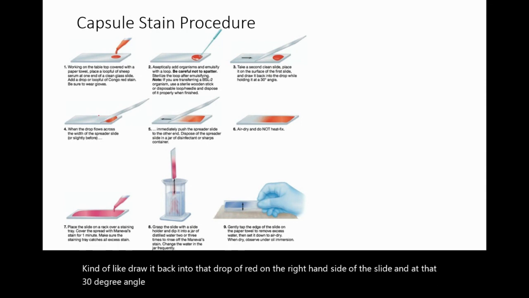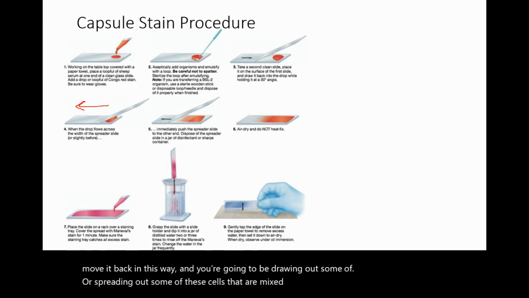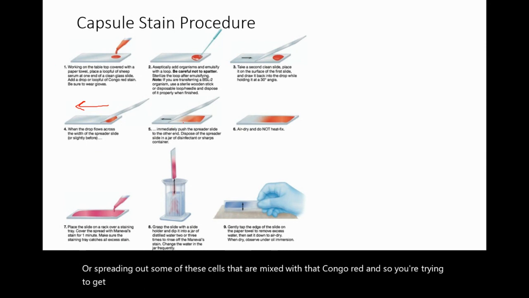You're going to move it back this way, spreading out some of these cells that are mixed with that Congo red. And so you're trying to get a nice gradient, so that you can view it easily under the microscope.